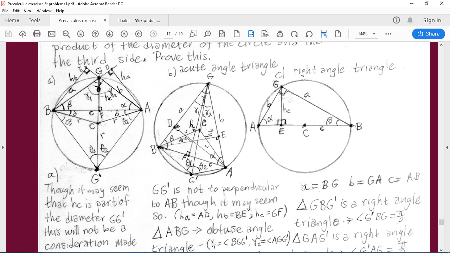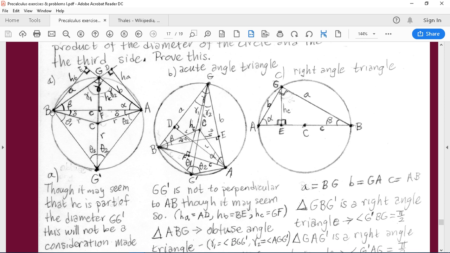Here it's inside the acute angle triangle. Here D is outside the obtuse angle triangle. The other triangle used here for sine of beta was triangle BGF. That would be BGF here.